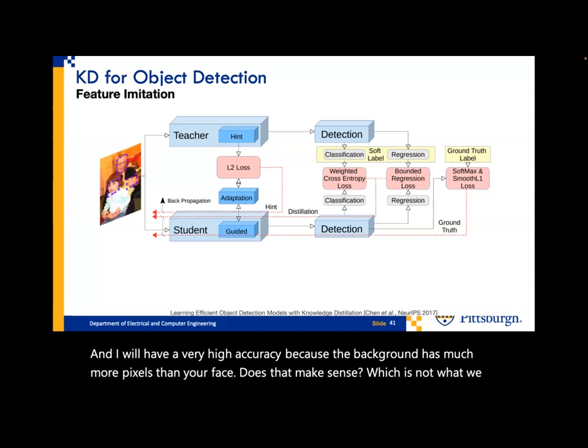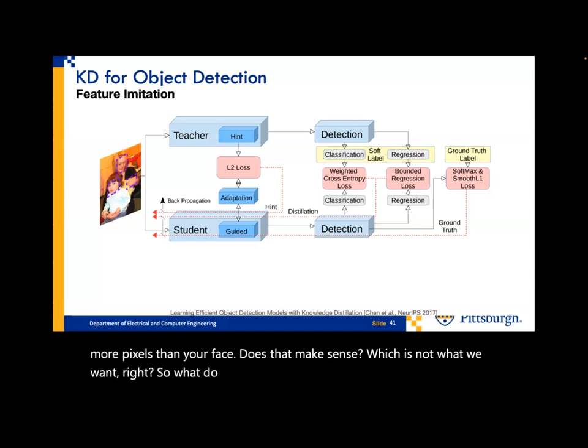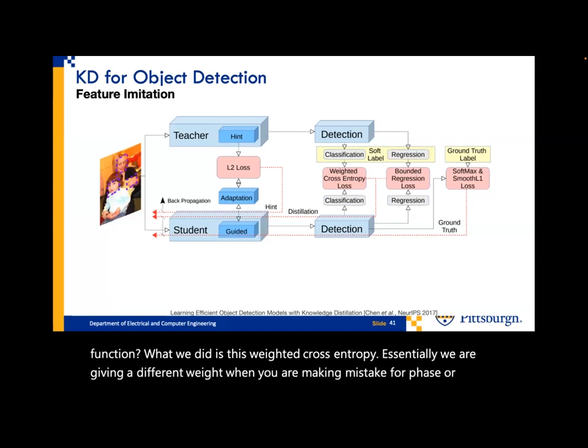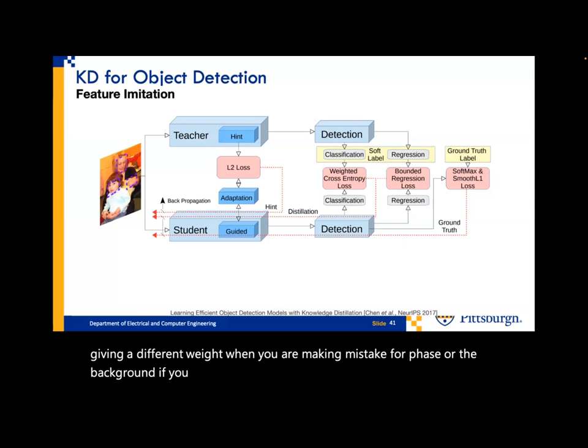So what we usually do for this kind of object detection function is this weighted cross entropy. Essentially, we are giving a different weight when you are making a mistake for the face or the background. If you are making a mistake for the face, then we are going to give you a large penalty.